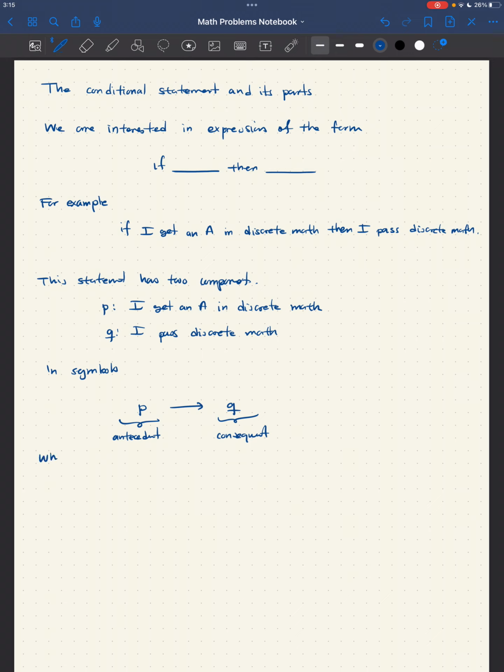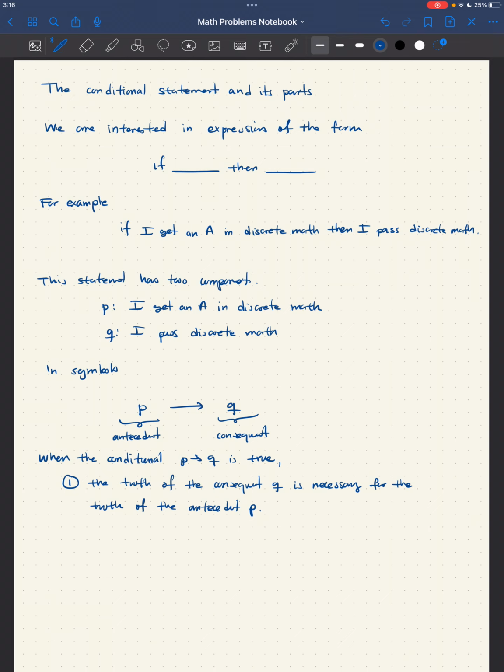When the conditional P implies Q is true, making that assumption, the truth of the consequent Q is necessary for the truth of the antecedent P. Establishing this necessity, right?